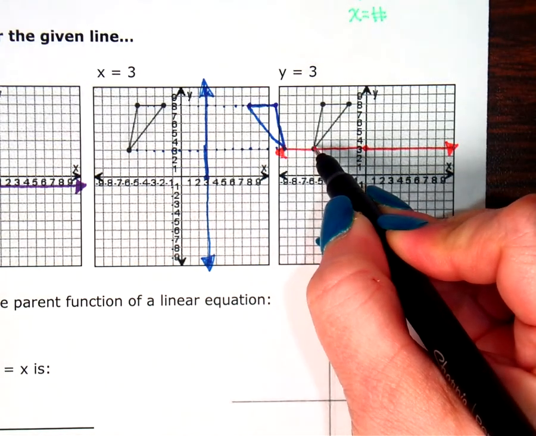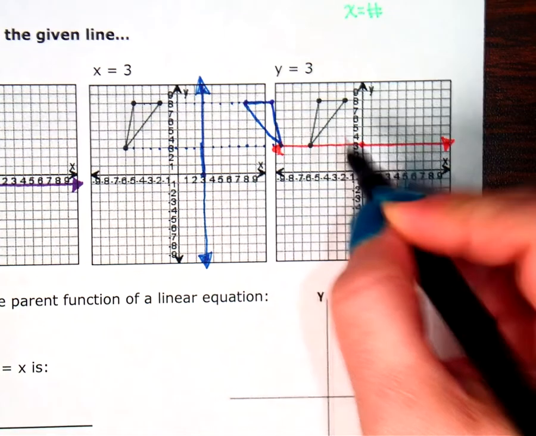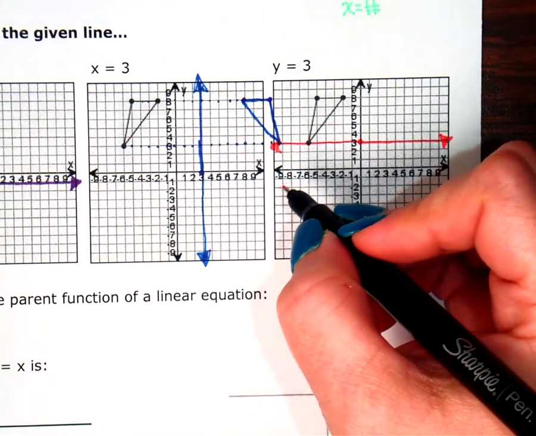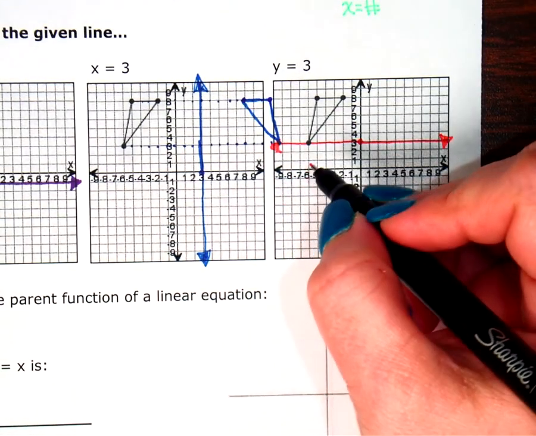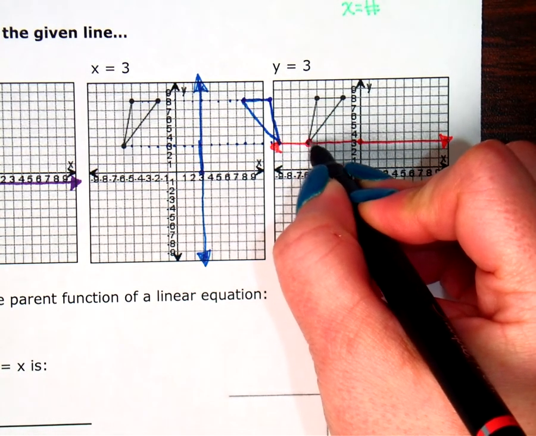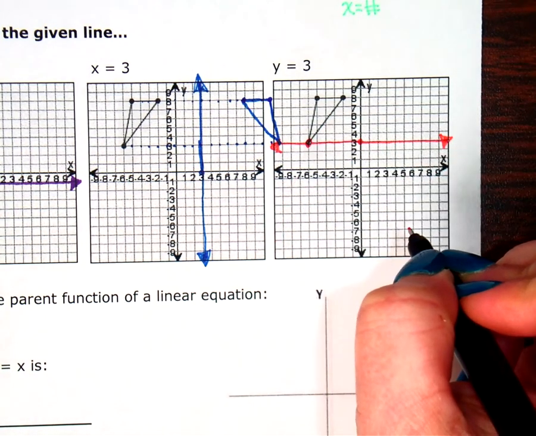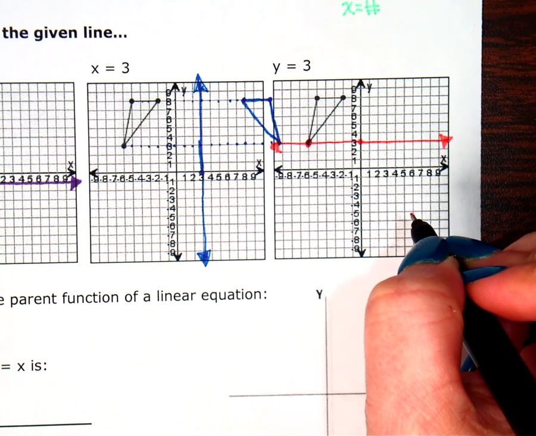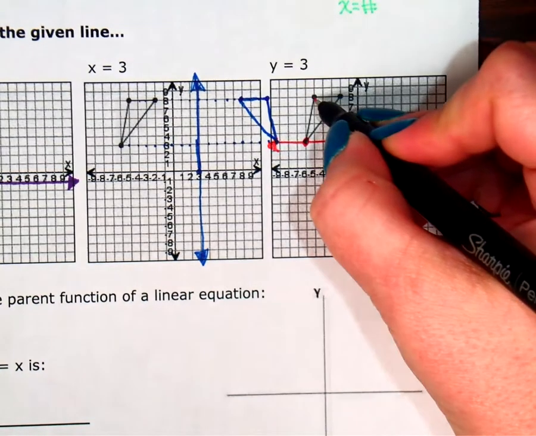Now notice on this one I have a point that is on the line of reflection. Think about if you touch your mirror in your bathroom with your finger, and the reflection is in that same exact spot. So that point stays right where it is. The image and the pre-image are in the same spot for that coordinate.